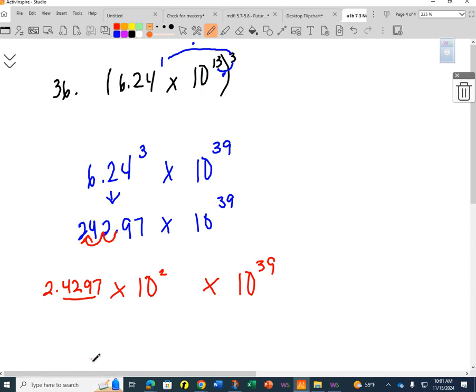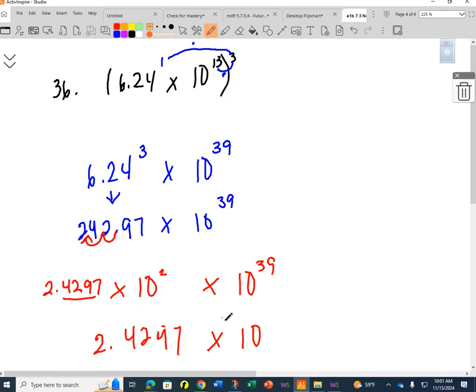If it's a terminating decimal, it's not, but if we have to, we round it anyway, so that would be fine. All right, so now we're just going to bring down 2.4297, right? And what is going to be the power on the base 10? Not 2, right? Because we have 10 to the second times 10 to the 39th.